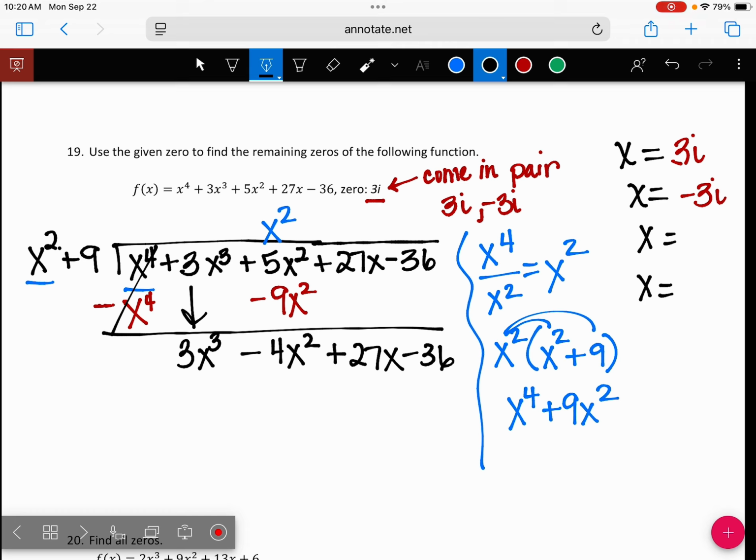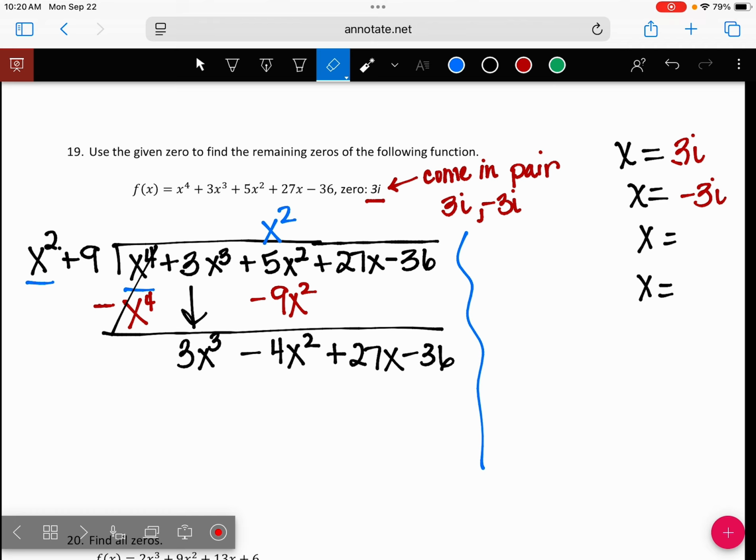All right, and now I'm going to repeat. So let me take this away. Now my new leading term is 3x cubed. So I'm going to take 3x cubed and divide that by x squared. That's going to give me 3x, and that's going to go on the roof.